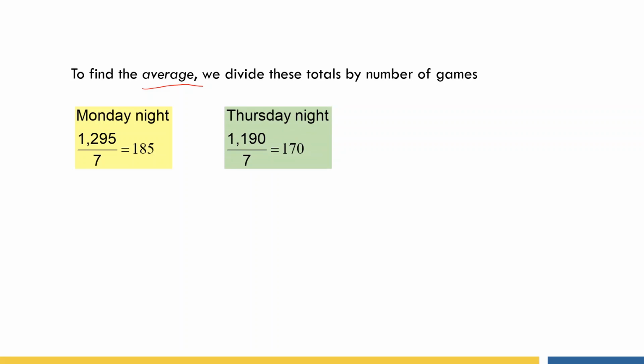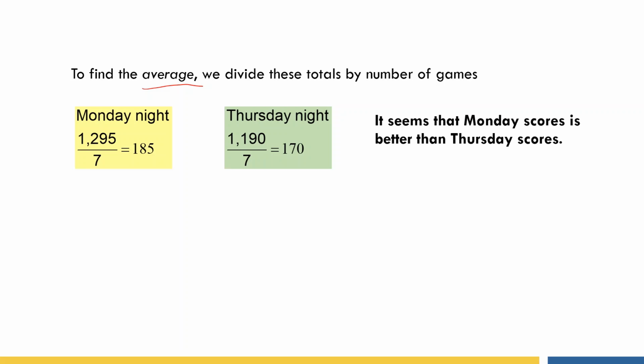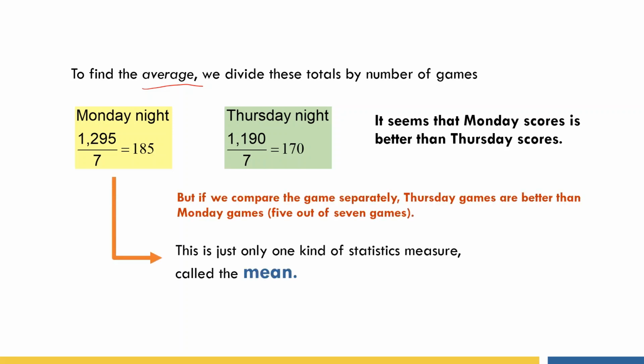So Monday night, the total score is 1,295 divided by 7. And Thursday night is 1,190, also divided by 7. It turned out that the average of Monday night is higher than the average of Thursday night.